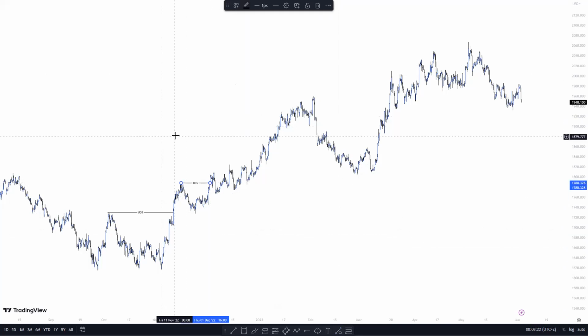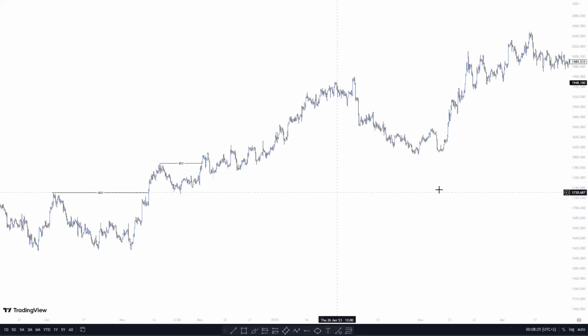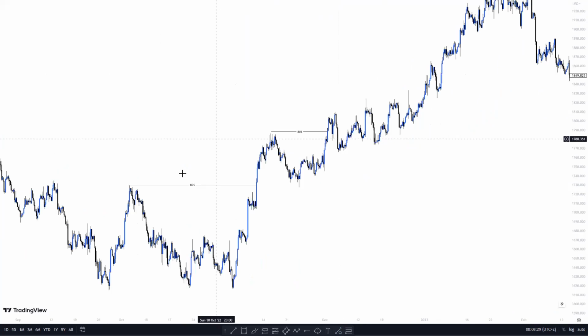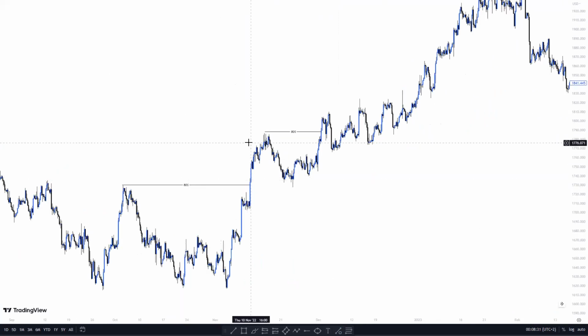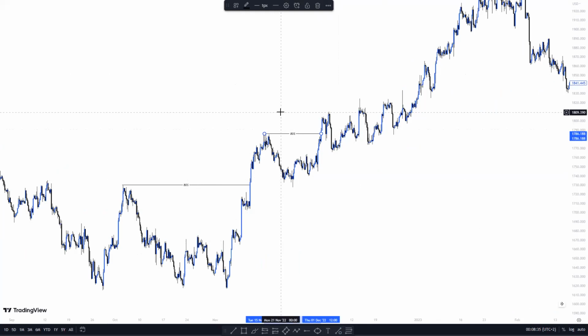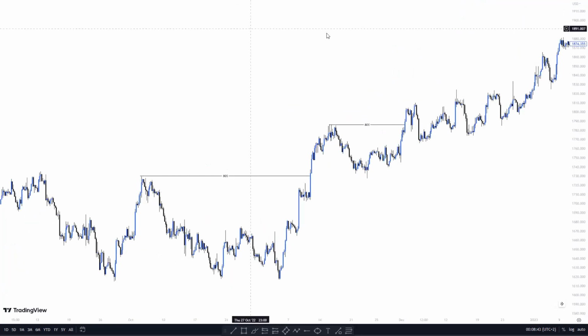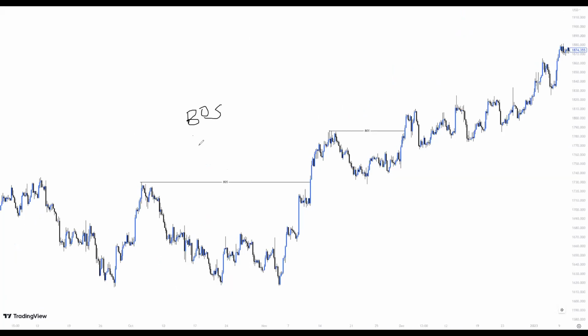Personally, I don't do the IDM, which means internal structure, like internal break of structure. So when we say this is a break of structure, just know that this one is external, then this one is internal.